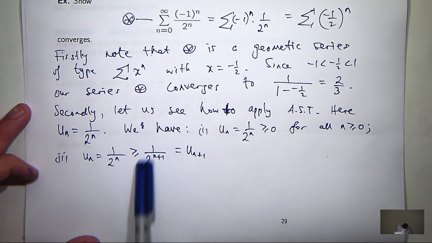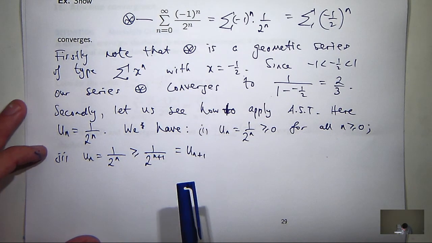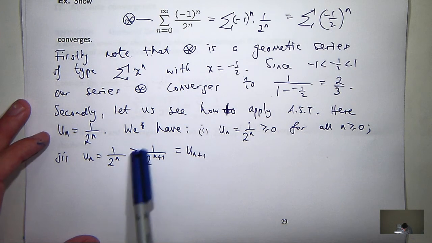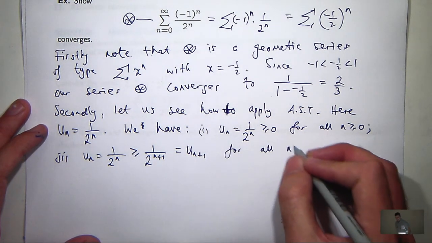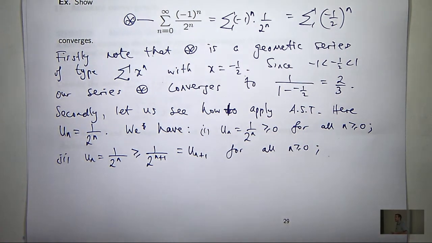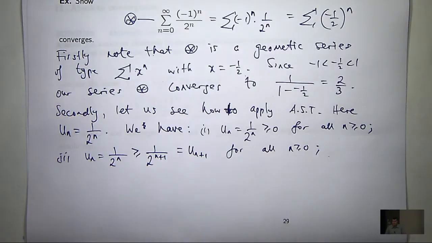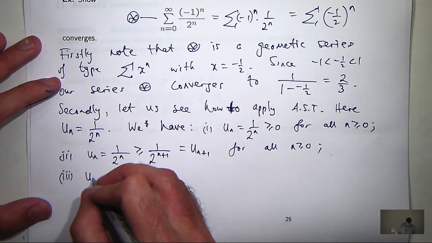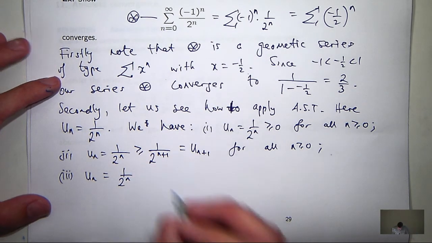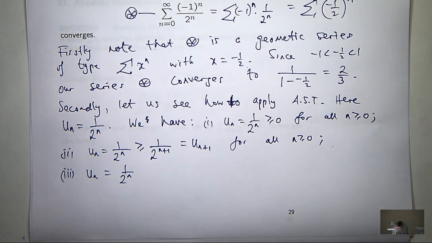So this is bigger than that. So we can get the inequality we need here. And the last thing is that u sub n has to go to 0. Let's check that. So 1 on 2 to the n, as n gets large and positive, is going to go to 0.